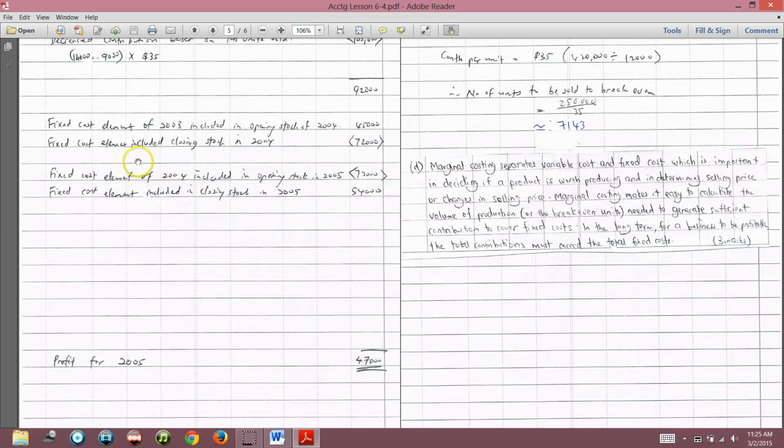So in short, you can put it as the difference arising from valuing of opening and closing stock of 2004 and 2005, which includes the fixed cost, fixed production overheads, in the stock.